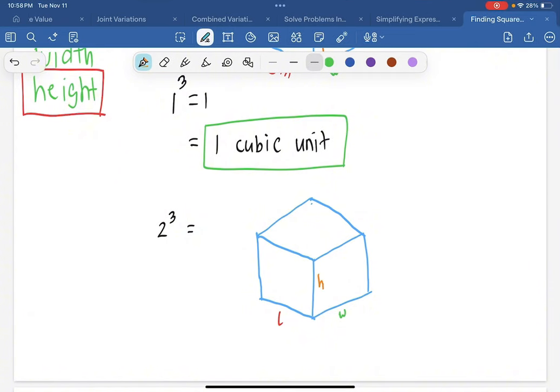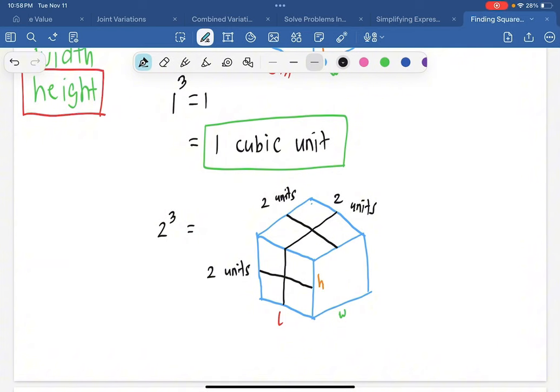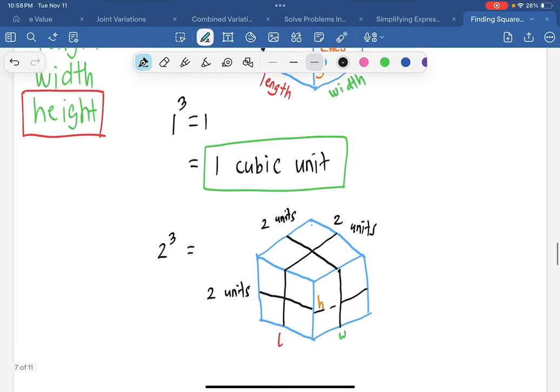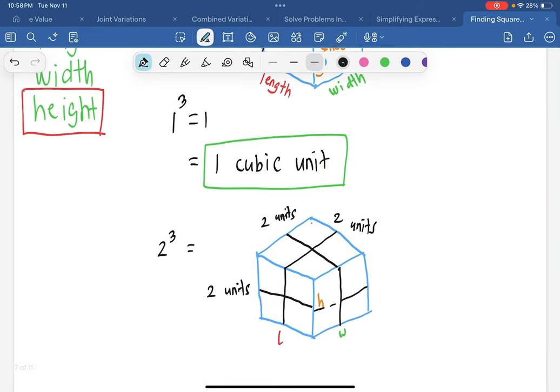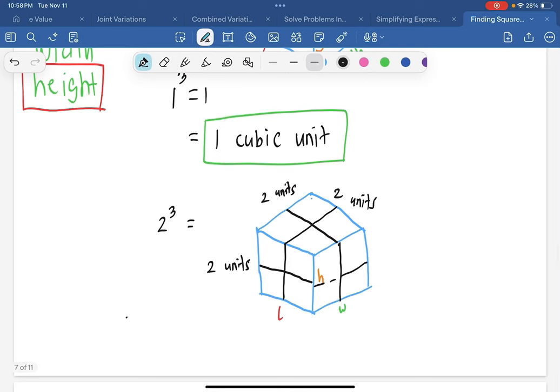If we are going to have 2 units, 2 units, and same thing with everything, let us try to divide this into 2. It would look like this. Again, we know that 2 cubed is 8. That means if we write this, we have 8 cubic units.